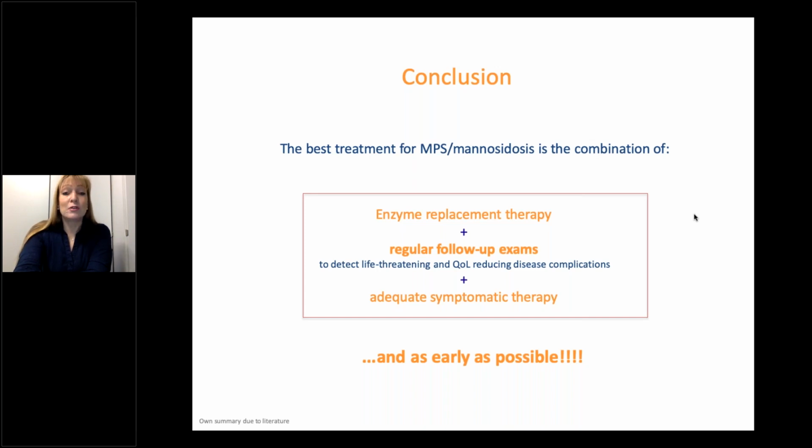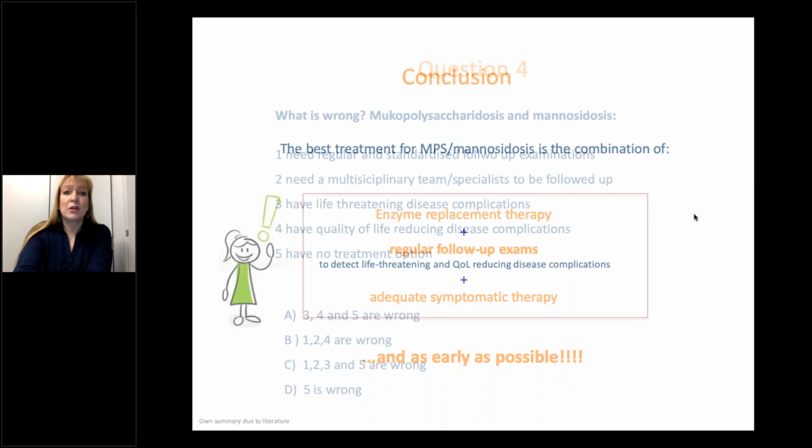For sure, it is not a healing therapy, but it is really improving the life of these patients, in combination with regular checkups and follow-up examinations to detect the life-threatening disease complications and the quality of life-reducing disease complications, and for sure an adequate symptomatic treatment, and this as early as possible. This is important to know.